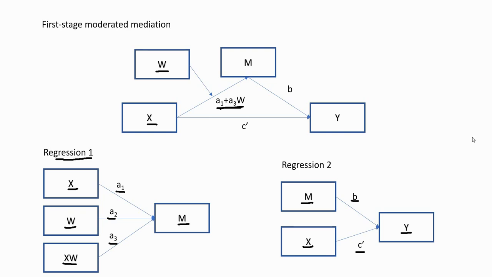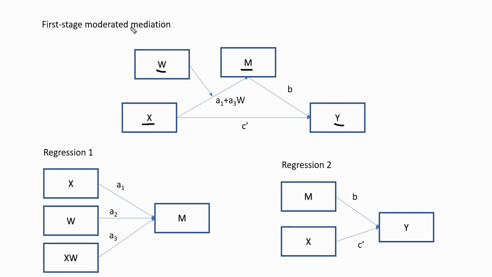So the basic idea with moderated mediation is that our interest is looking at the effect of x on y through the mediator, but by virtue of w moderating either our path A or path B, it's possible that w would be moderating the indirect effect of x on y.